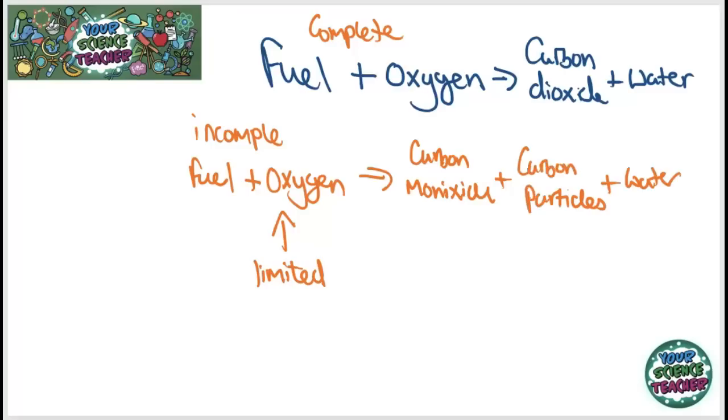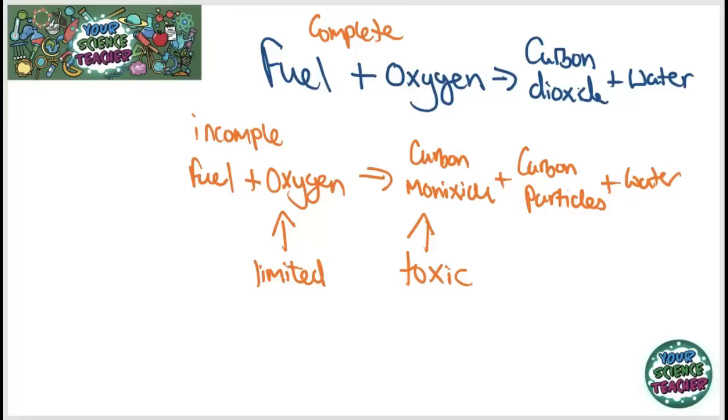Now, this can be incredibly damaging because of the fact that carbon monoxide is a toxic byproduct of incomplete combustion. It binds to the hemoglobin in blood, and therefore your body cannot get enough oxygen. This is why in most houses there is a carbon monoxide detector.